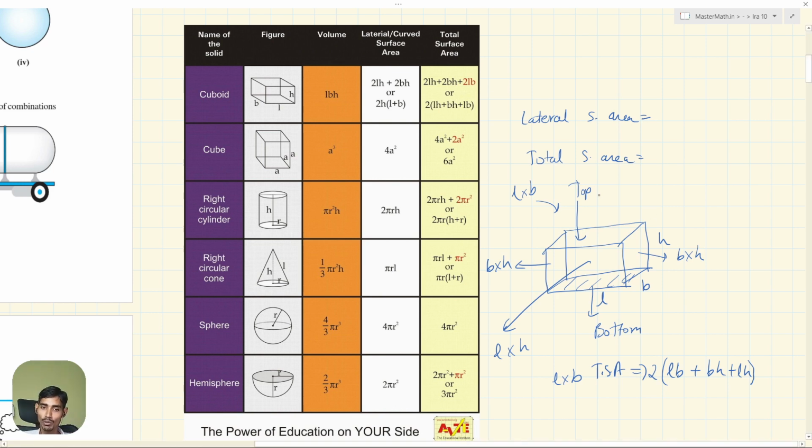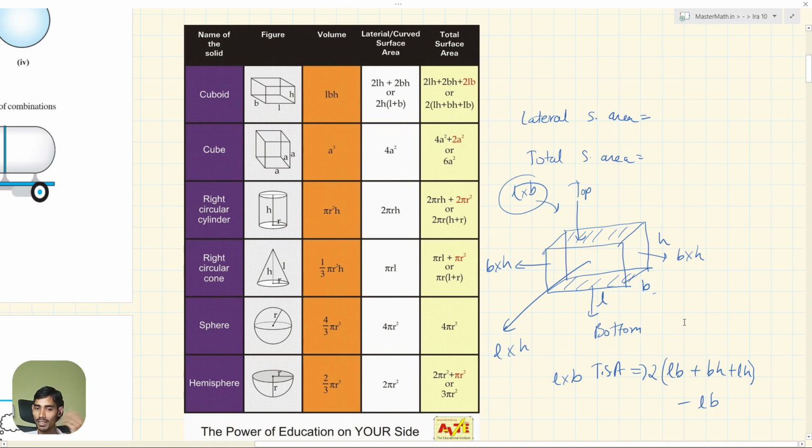So in that case, we have to ignore the top area, top flap, two flaps, top area of that. And in order to remove that, we'll take L into B. L into B has to be removed. So minus L into B. Okay. Understood.